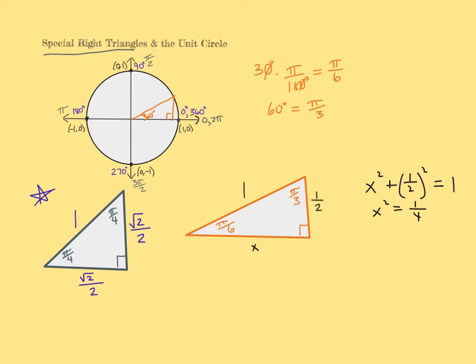Square the top, square the bottom. Then if we subtract 1/4, we'll get 3/4. And then we take the square root of 3, and then square root of 4. So this length right here is root 3 over 2.